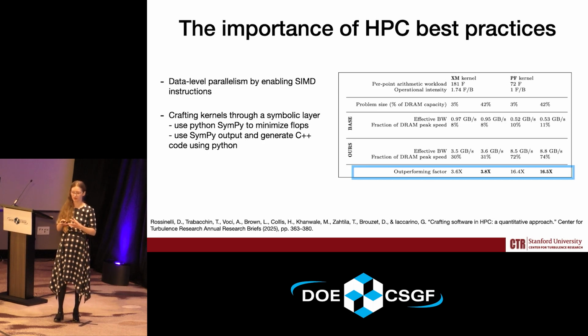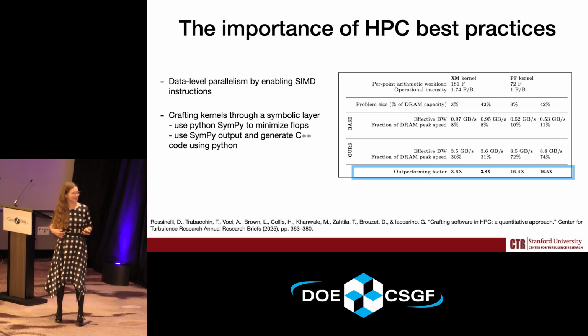Then we had a Python code that would generate C++ code to a different file, and that generated code would be what we actually run for those kernels. It's also a very easy way if you want to write different code for different architectures, so it's a very good idea to write a symbolic layer to avoid rewriting things.